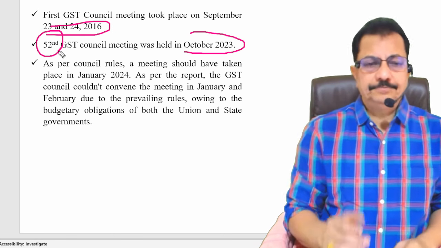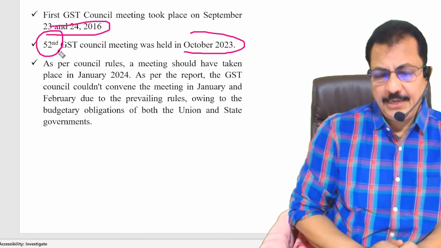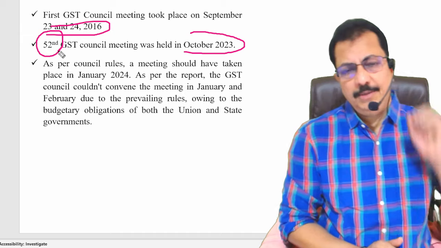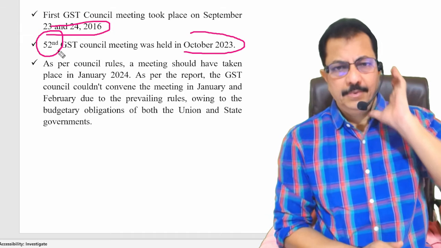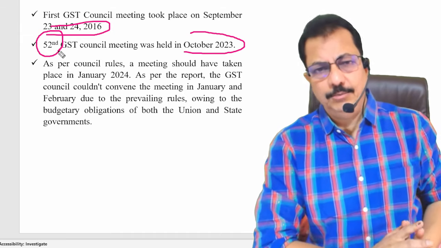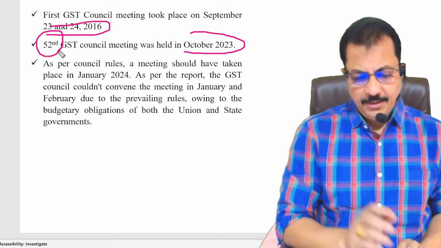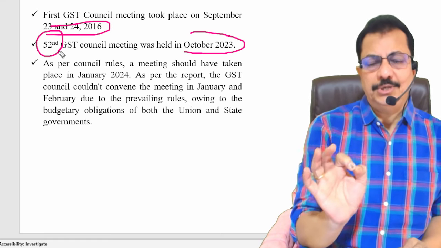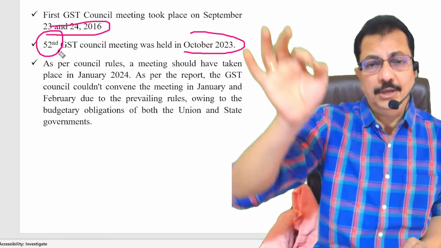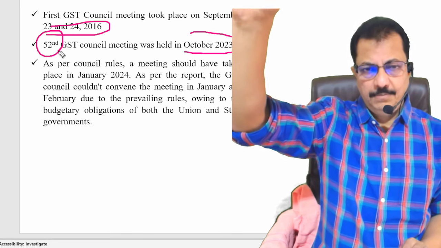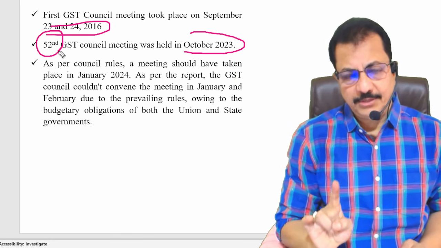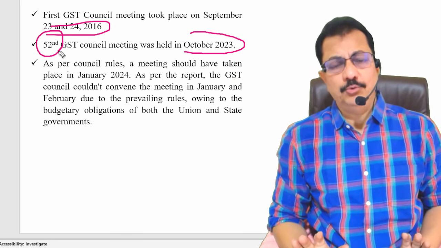And actually the meeting was supposed to take place in the month of January, but it could not be taken up. Later the election code came into the picture. That is the reason why the 53rd GST council meeting will be held only after the election. Am I clear? I told you we are in the month of May 2024.